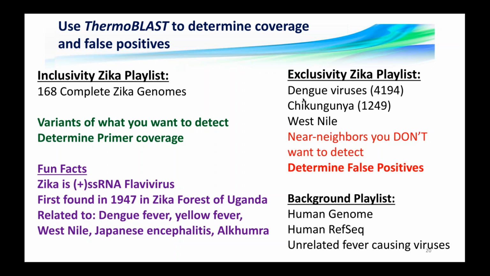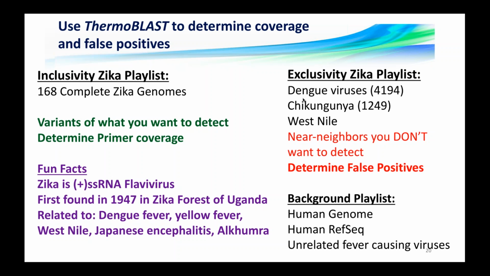And so their sequences can be quite related to each other. So we can make a collection of dengue fever viruses. We run ThermoBLAST to make sure that none of our primers for Zika bind to dengue fever, and then none of our dengue fever viruses bind to Zika primers. This is a way to determine false positives.